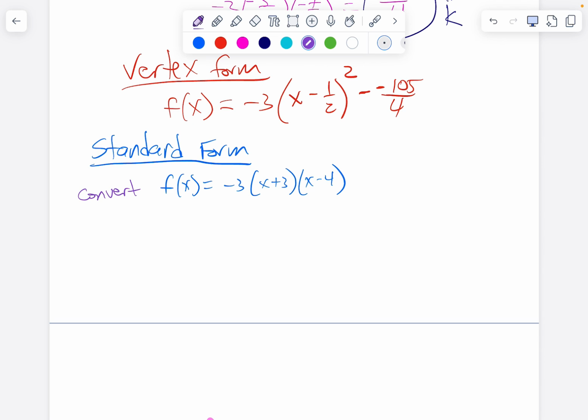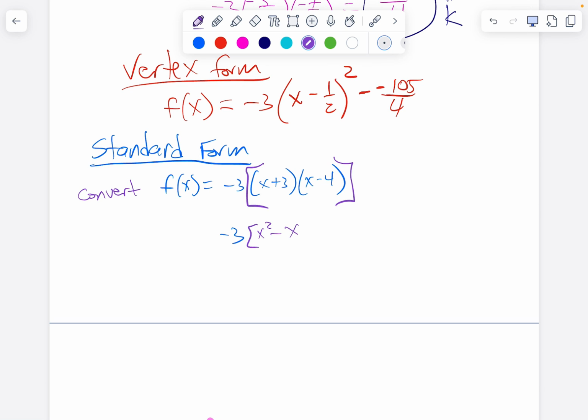Okay, here's my suggestion on this. And definitely follow it because students mess this up all the time. Do not deal with this -3 until you've dealt with multiplying the two parentheses out. In other words, I want you to add in brackets, do what's inside of those, and then multiply the 3 at the end. Inside we'll get x squared, and then we'll get -4x plus 3x. -4x on the outside, 3x on the inside, which becomes what?